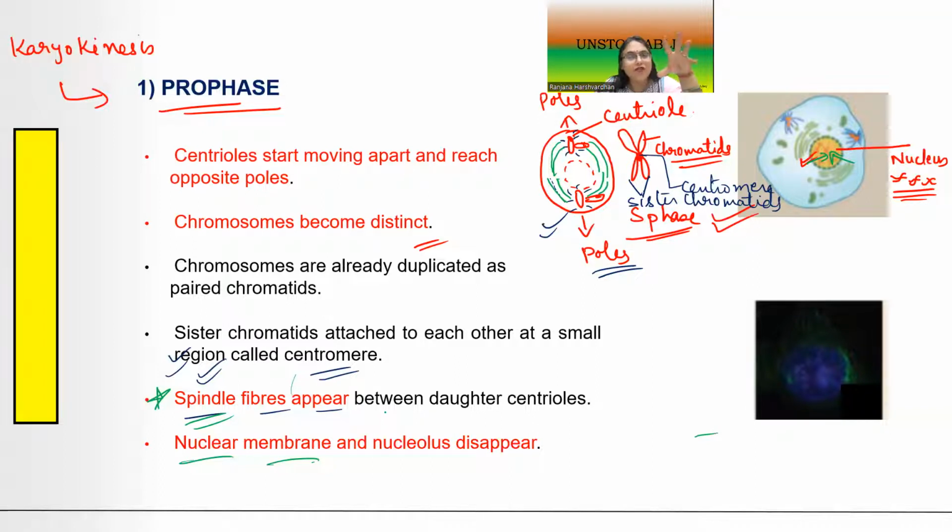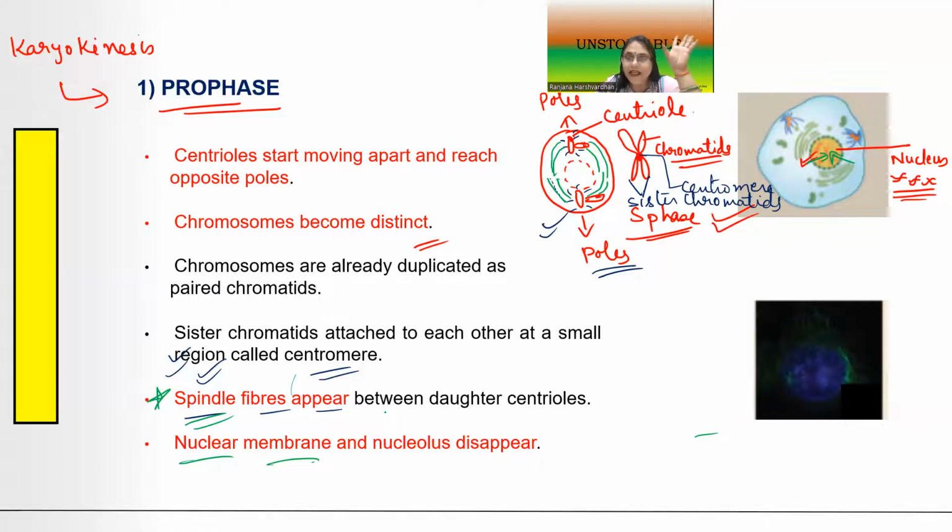Well, in the prophase of the plant cell also, spindle fibers begin to appear from the region outside the nuclear membrane. From outside the nuclear membrane, you will see that spindle fibers begin to appear even without centrioles being present there.